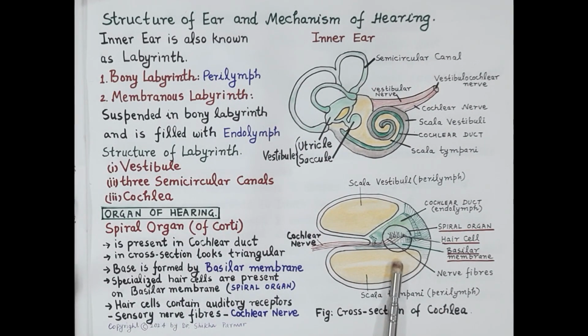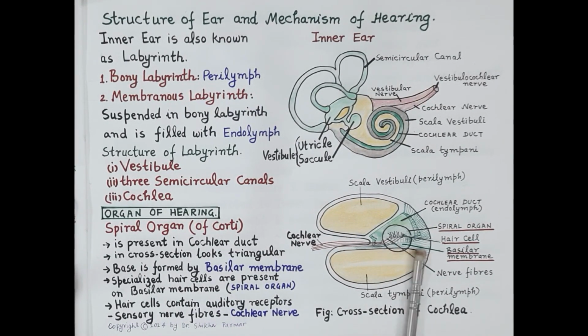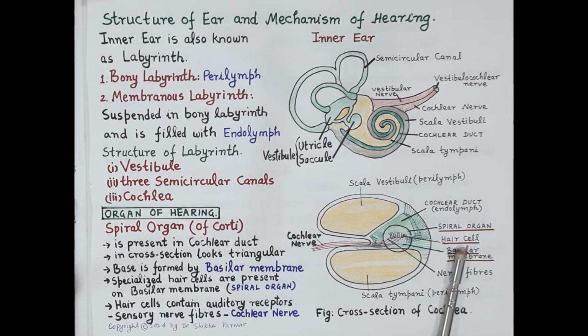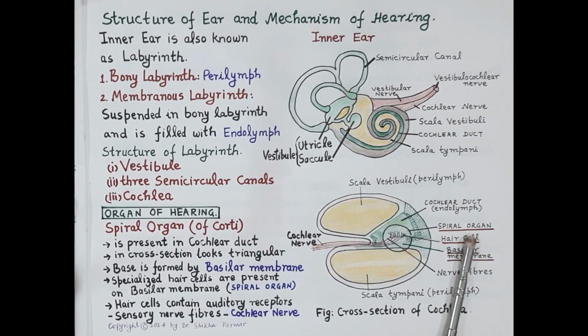Now, as you can see here, this cochlear duct looks triangular in shape, and on the base of the triangle is present the basilar membrane, and specialized hair cells are present on the basilar membrane. This part of cochlea that consists of the hair cells is known as the spiral organ of Corti, responsible for hearing.